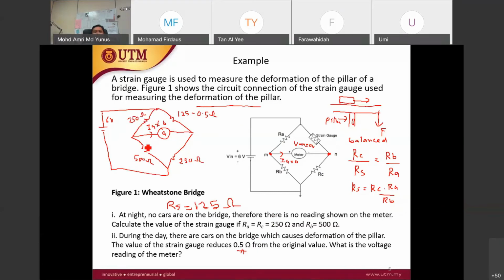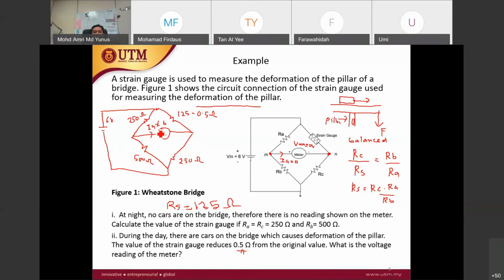Basically, to solve this, we need to find the equivalent Thevenin circuit, and then we need to know the internal resistance of the galvanometer.